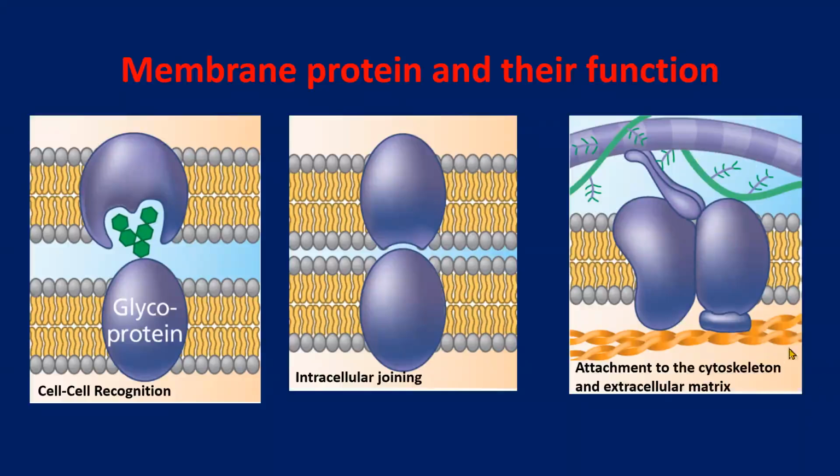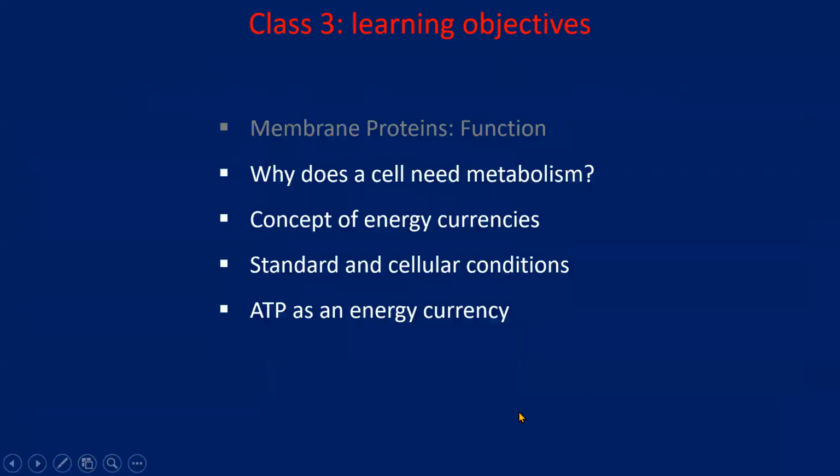With that interaction, it can maintain the shape of the cell, and it can stabilize the localization of a few structures which are very important for the cell. So these are the different types of membrane proteins, and now I will move to the metabolism part.